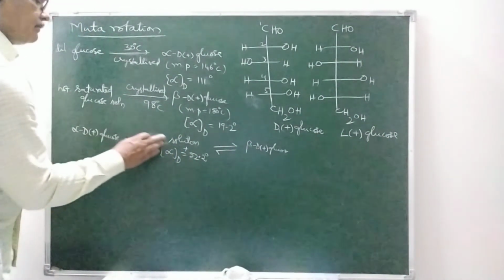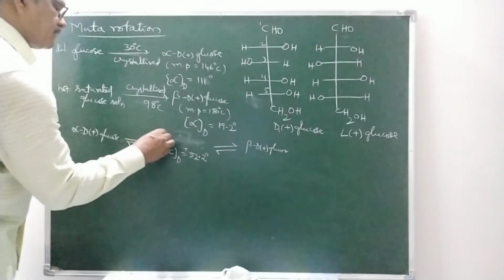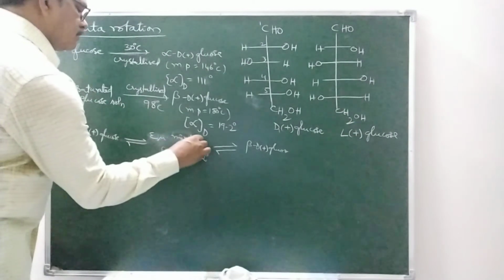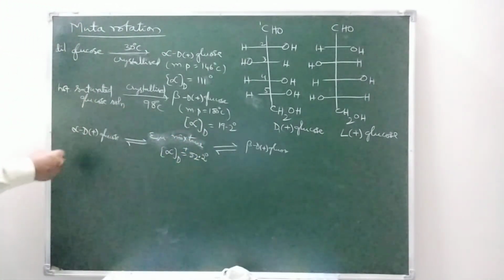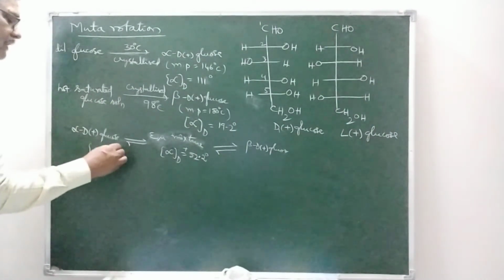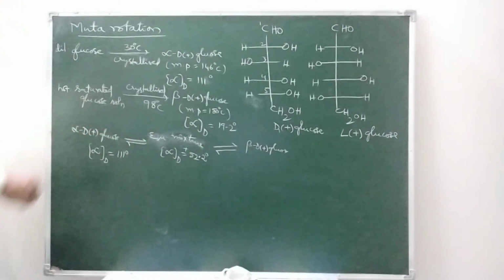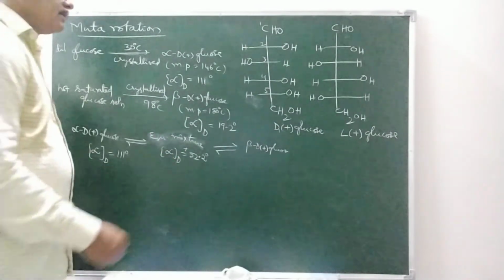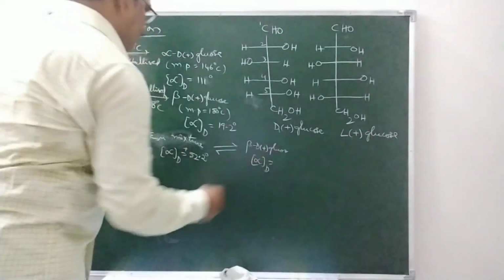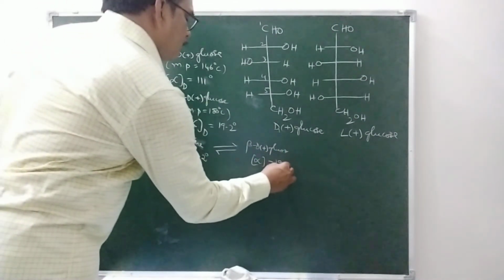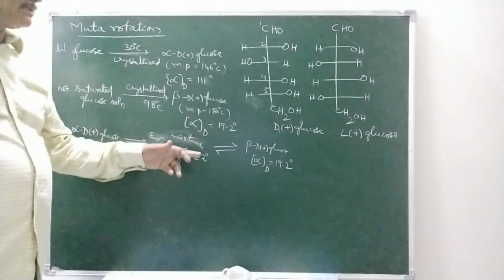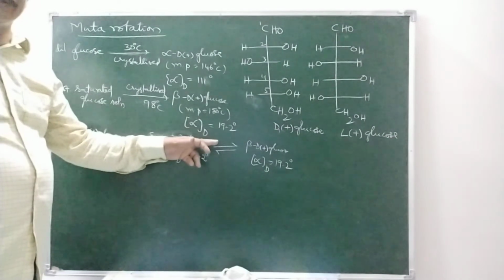So it is an equilibrium mixture. That means alpha D glucose, when dissolved in water, has its specific rotation change from 111 degrees to 52.2 degrees. Similarly, beta D glucose, whose specific rotation, alpha D, is 19.2 degrees, changes to 52.2 degrees in aqueous solution.